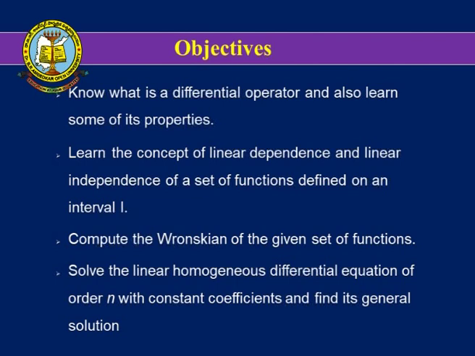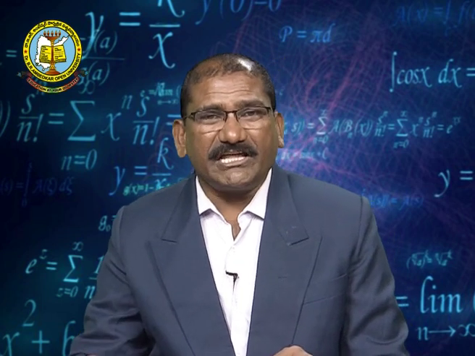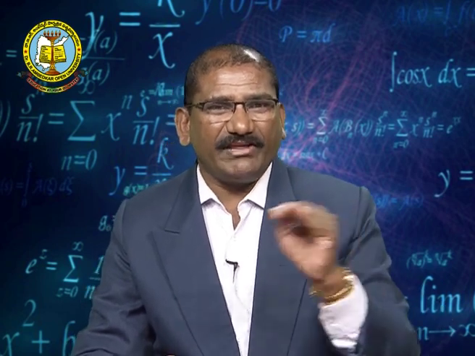Operators are decided based on the order and degree. In the linear differential equation the degree is 1, and the order we take as second order or third order, so we use different kinds of operators here.